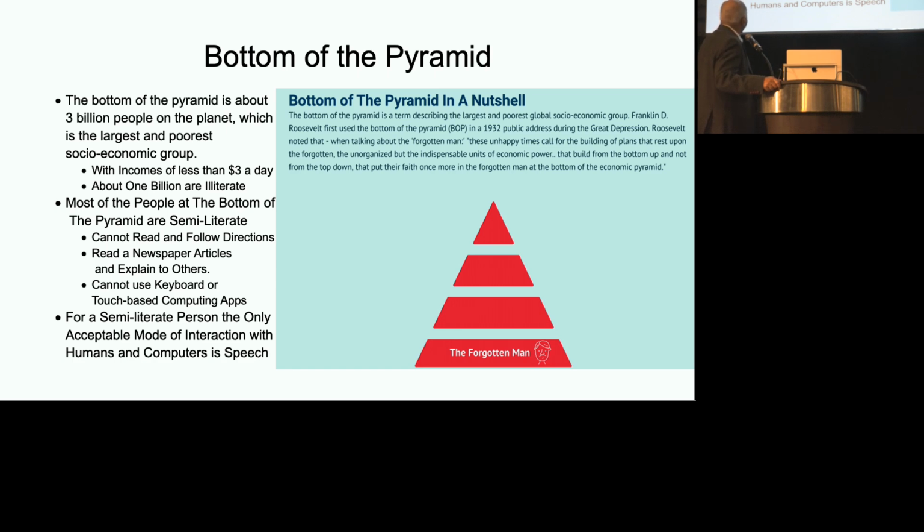The only acceptable mode of interaction for them is what they do with human-human interaction, speech. And even in speech, it is not as structured and as well defined as what we make most of our user interfaces. You simply give a vague, ambiguous, arbitrary command, and they make it happen.